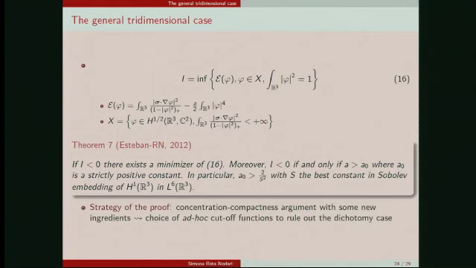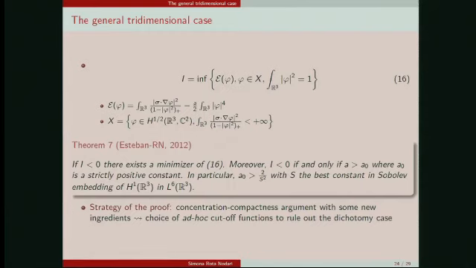The idea of the proof is to use a concentration compactness argument with some new ingredients to deal with the possible singularities in this kinetic term here. And in particular, we have to choose other cutoff functions to rule out the dichotomic case.